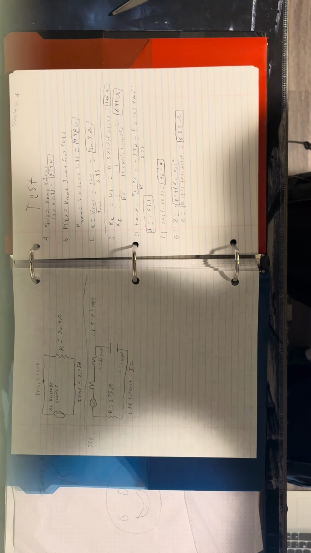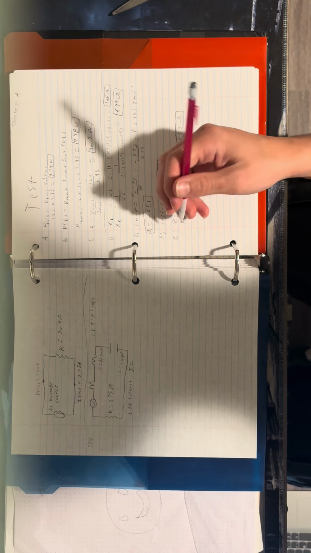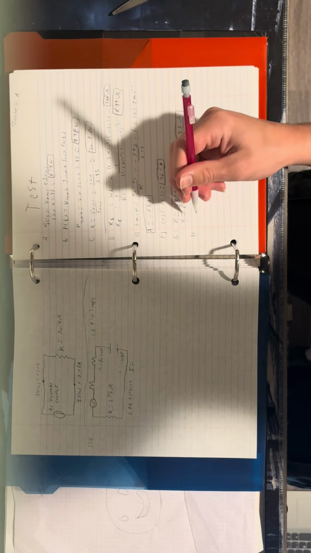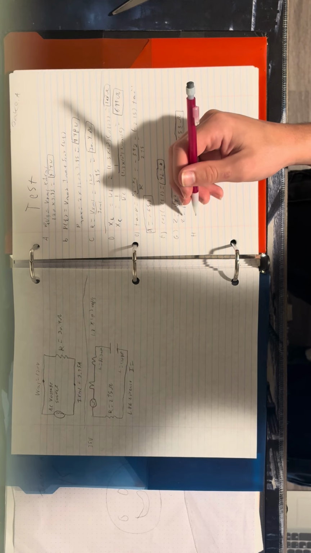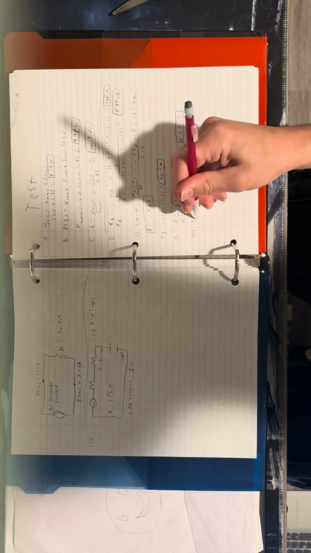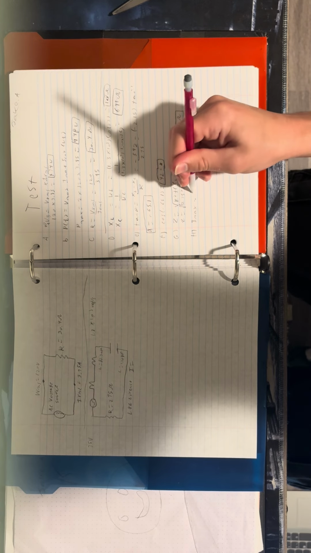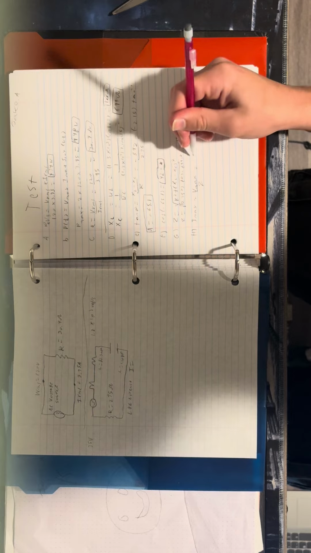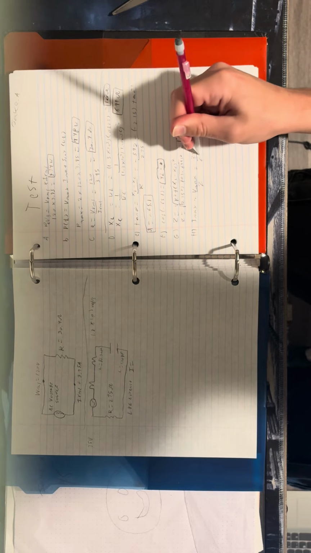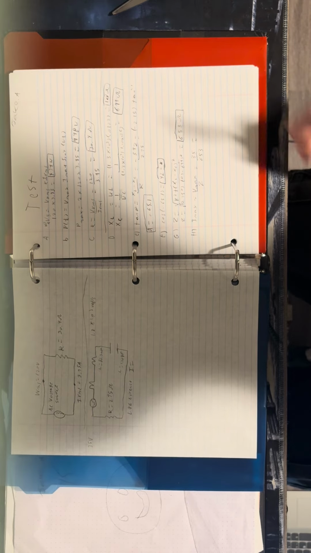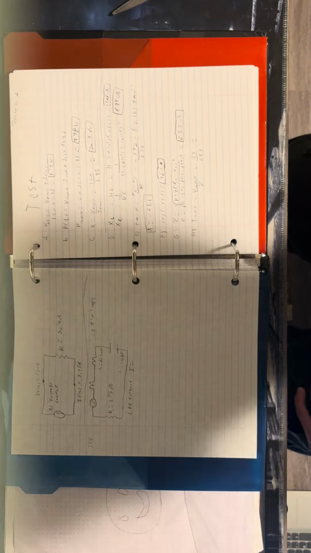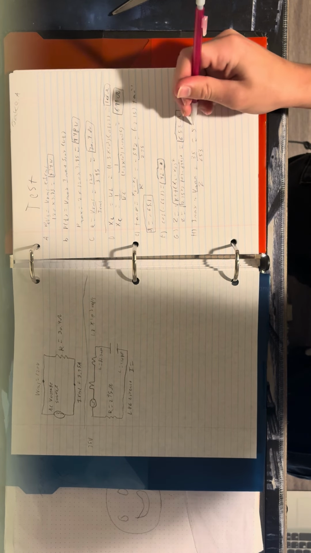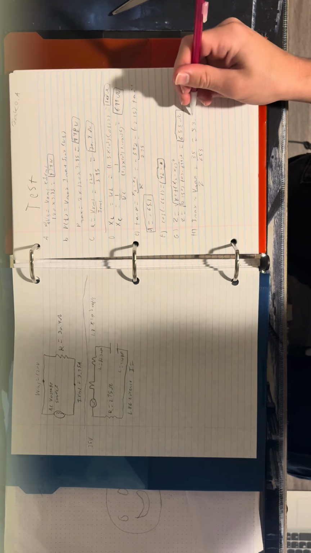The current amplitude formula is pretty sure it's just I max, which would equal the voltage max over the Z we just found, which is 35 over 653, which therefore equals 53.6.